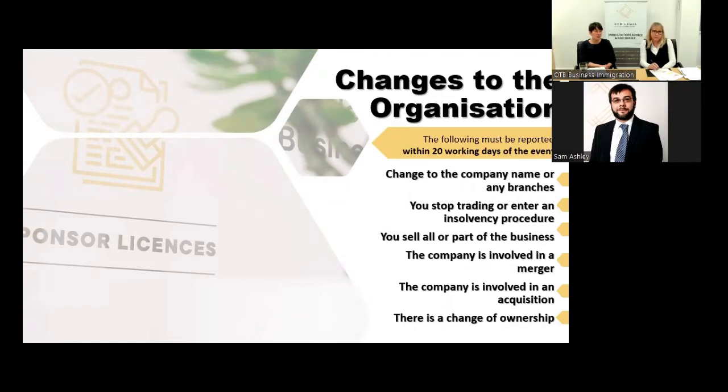Equally, if you're a very large sponsor and you're clearly going to remain in the medium or large regime for the foreseeable future, it maybe doesn't need to be so much of a concern. But if you know, for example, you're a small business, but you're currently growing quite rapidly, then this does need to be something that's on your radar.